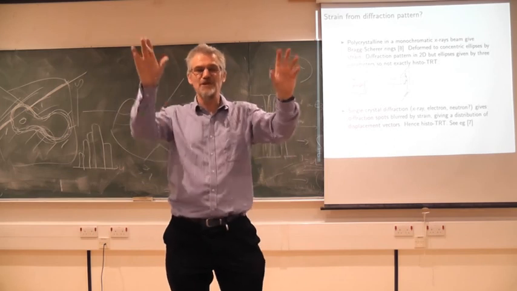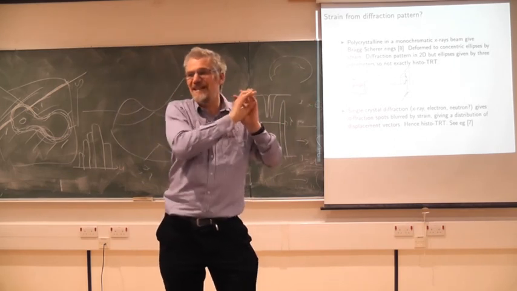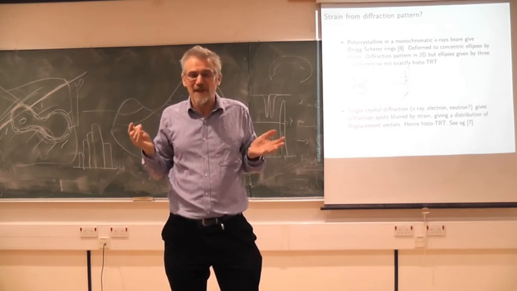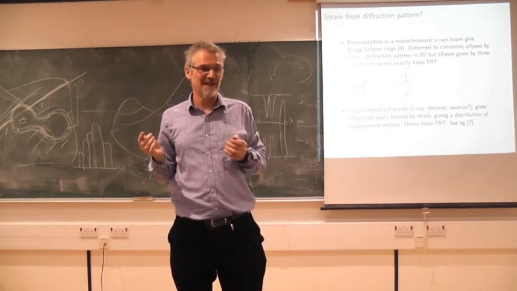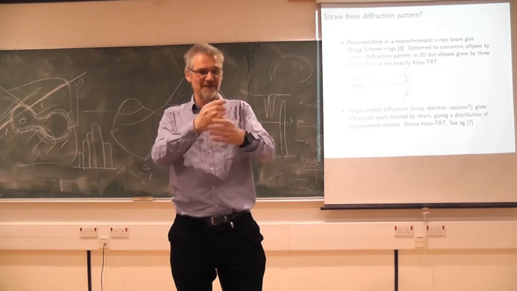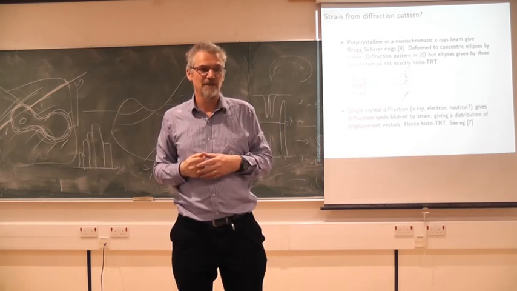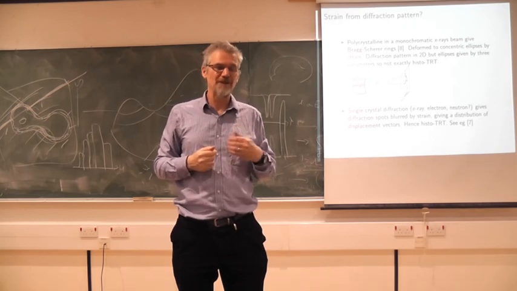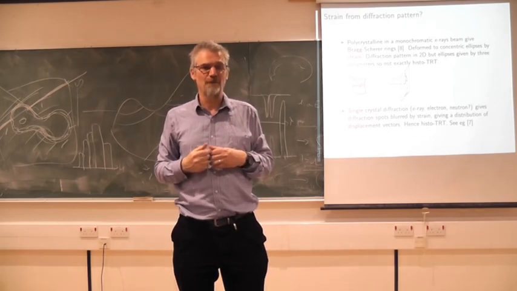If you strain it, those spots move. If you strain it differently along the way, the spots blur. That blurring is exactly the histogram of the distribution of the things that contribute to it. So you get the histogram of the transverse component of the strain from that type of method.